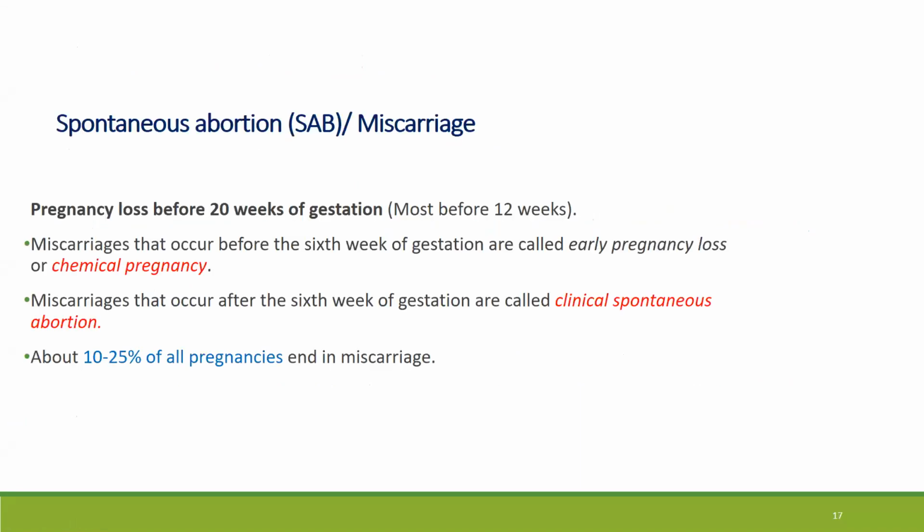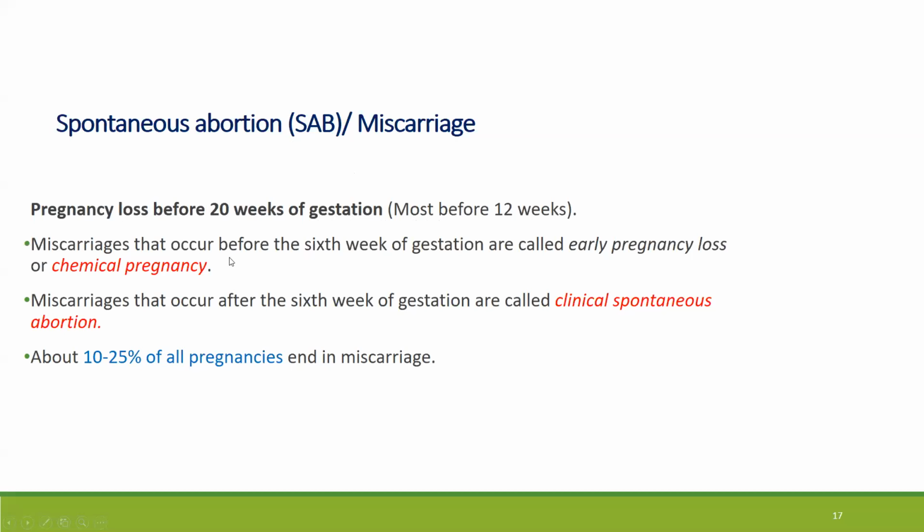Spontaneous abortion and miscarriage is a pregnancy that is lost before 20 weeks of gestation. So miscarriage is pregnancy loss before the 12 weeks of gestation. That's what we call miscarriage or spontaneous abortion.